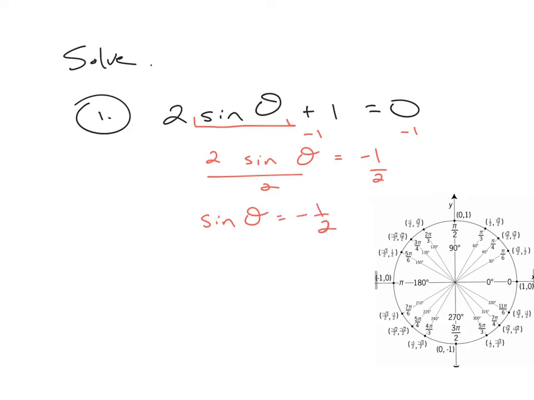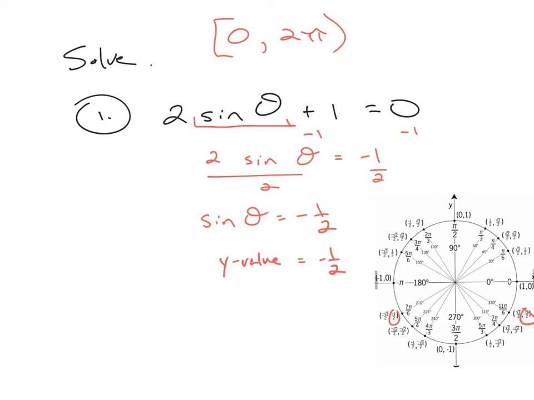From here, we're trying to find where on the unit circle is the y value equal to -1/2. So I've posted a little picture over here of the unit circle. The y value is -1/2 at these 2 spots. And again, our interval is going to be from 0 to 2 pi, including 0, not including 2 pi.